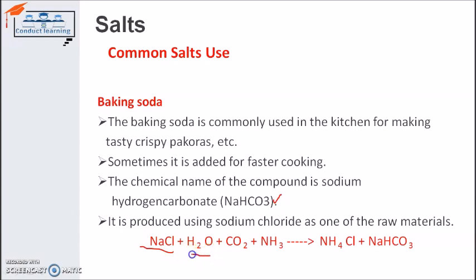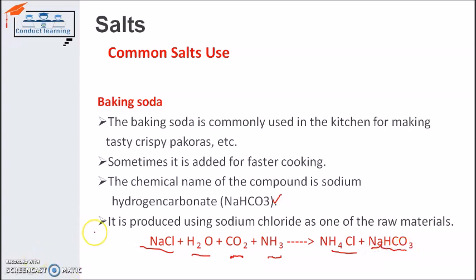H2O is water. CO2 is carbon dioxide gas, and NH3 is ammonia. It gives us NH4Cl, that is, sorry, not sodium chloride, this is ammonium chloride, and NaHCO3, which is sodium hydrogencarbonate, and this is baking soda.